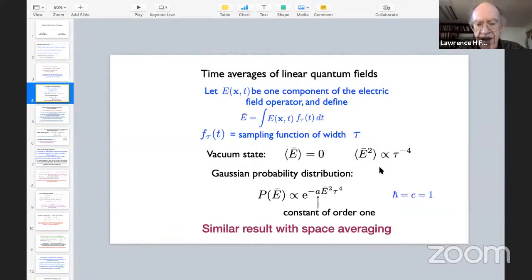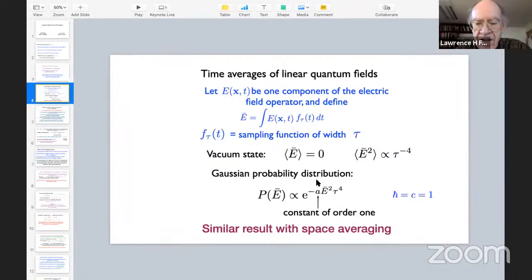Now, the electric field satisfies a Gaussian probability distribution, as is well known. So suppose we do a measurement that measures the average electric field, with, for example, some test charges. And we do repeated measurements and we plot the outcomes of those measurements on a histogram, we'll get the usual normal distribution, Gaussian distribution associated with a random process.